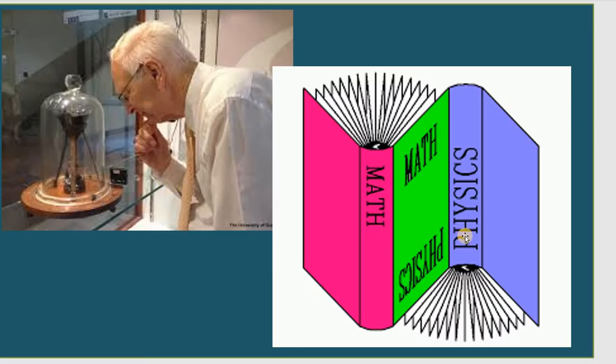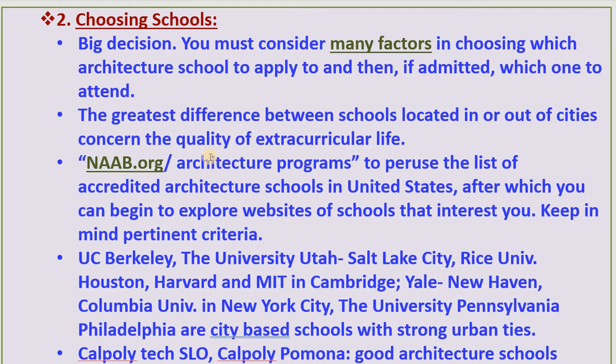Besides the book, like I told you, math, physics, and other subjects can help you in architecture, which is about science and art. So besides physics, math, art, and others, if you need it, they can support your study of the architecture major.